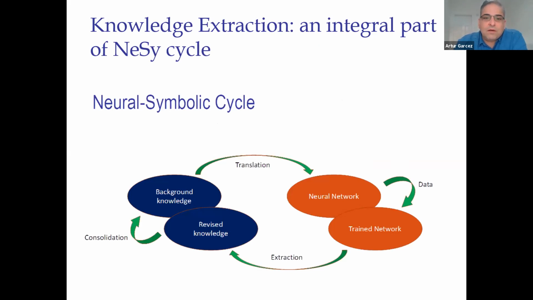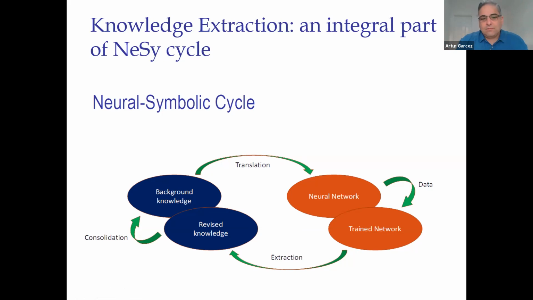So when we look here at the neural symbolic cycle, the idea is that you have some background knowledge which is symbolic, and that gets translated into a neural network which gets trained with data. And this trained network is explained through knowledge extraction. So these green arrows are essentially algorithms that allow us to bridge this gap between symbolic and sub-symbolic representations.